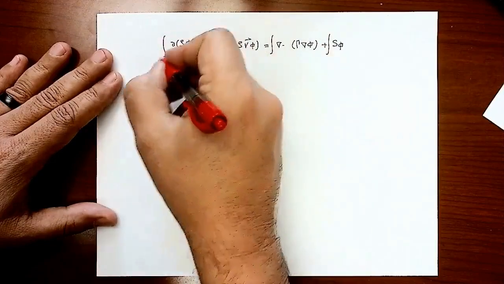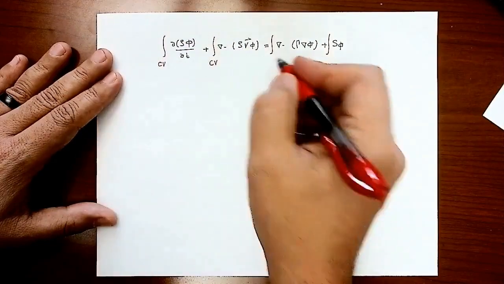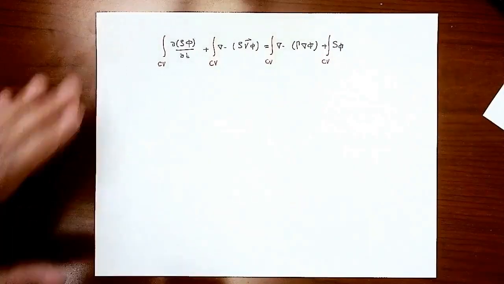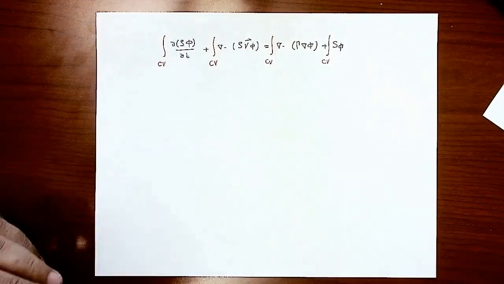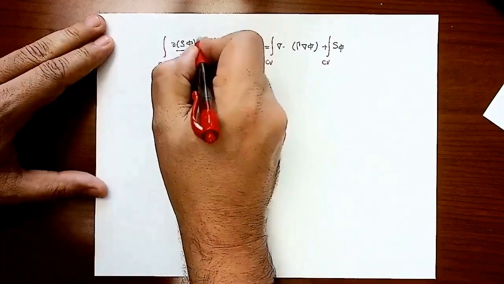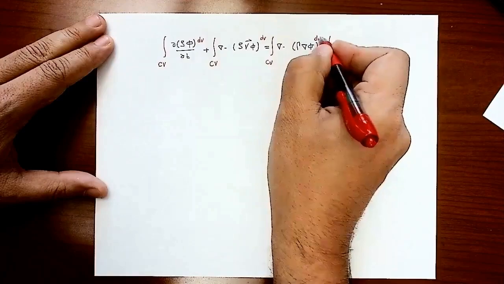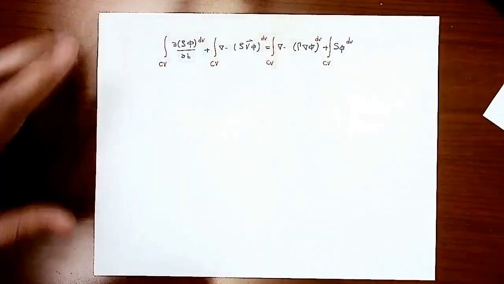But instead of writing a triple integral, I'm going to integrate over the control volume or the cell volume, and to do that, you integrate each term with dV.